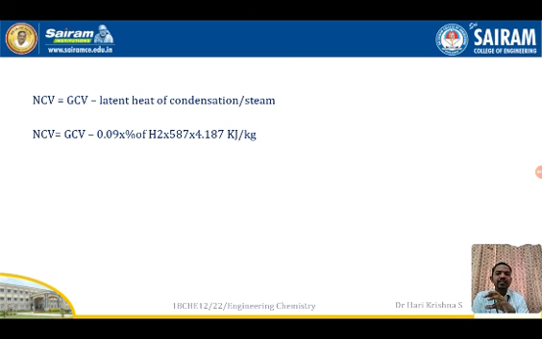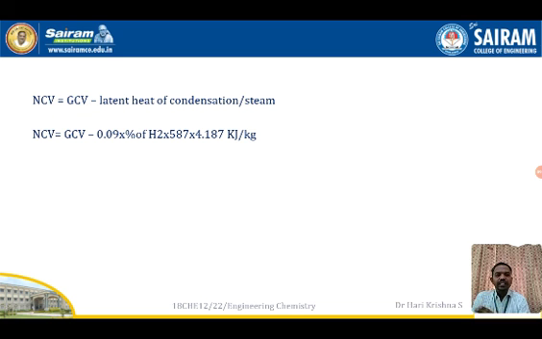NCV is how much chemical energy is converted into heat energy, the exact energy liberated. In GCV you consider the heat liberated by water vapor, and we are supposed to remove that. So GCV minus latent heat gives you NCV.